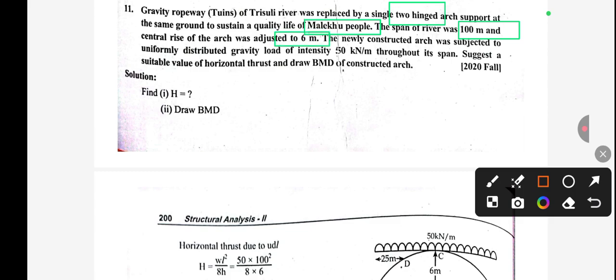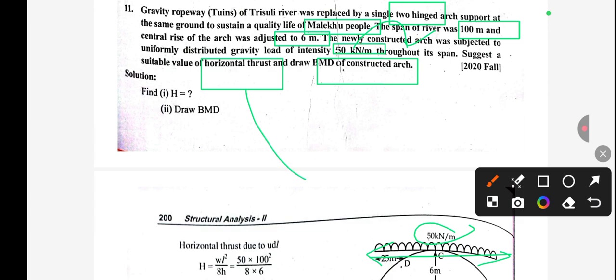A newly constructed arch was subjected to a uniformly distributed gravity load, and the UDL is given 50 kN throughout this whole span. You can see here, this is our 50 kN, and this is acting for the whole span. Suggest a suitable value of horizontal thrust, and we have to draw the BMD.